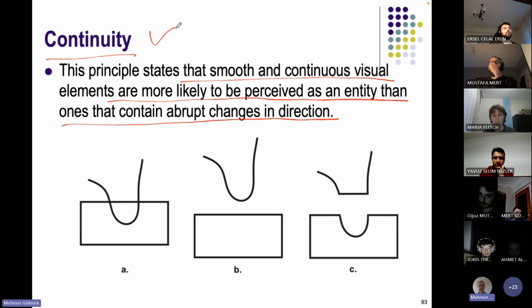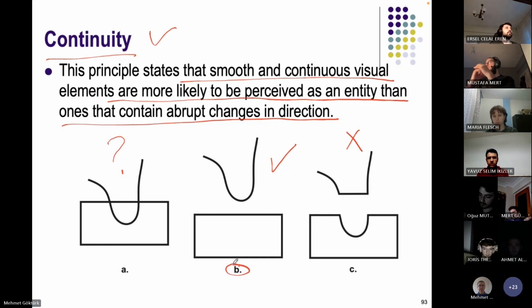Therefore, when we see something like this, we perceive it as the next one, but not the other one. Although part C is quite possible, we don't perceive it like that. We perceive it like B, or it is perceived as a continuous thing.